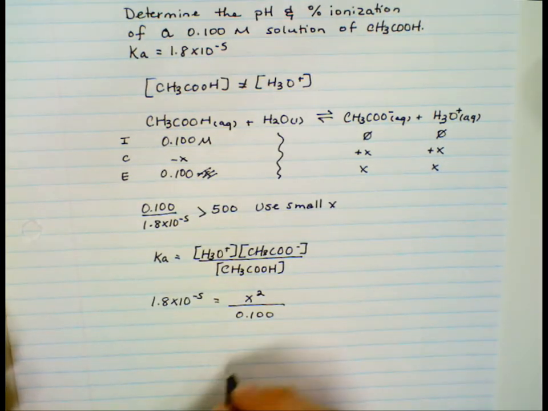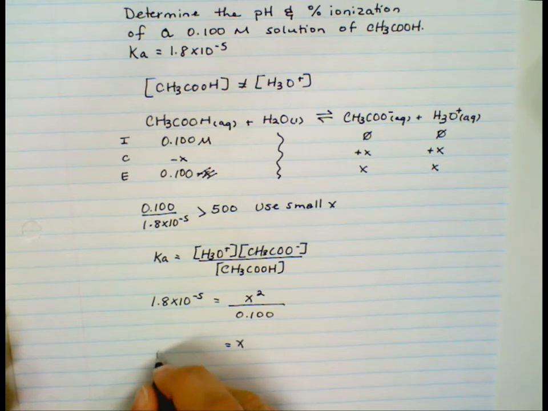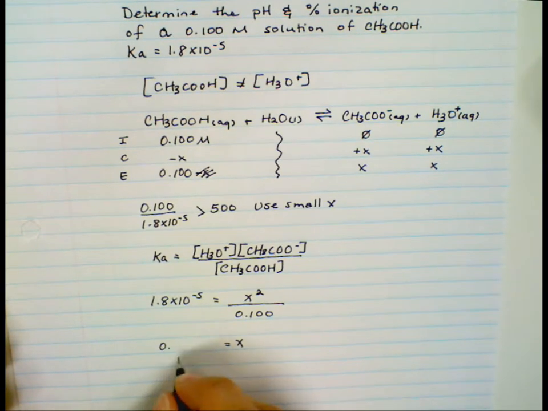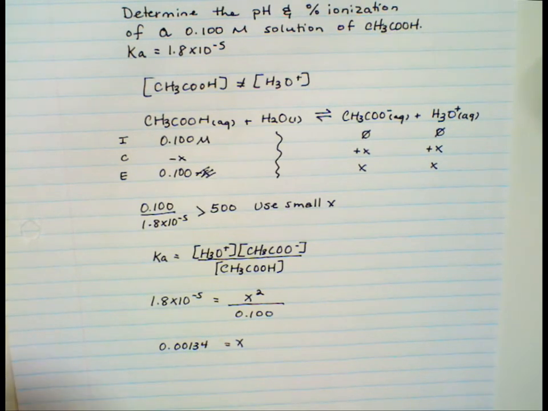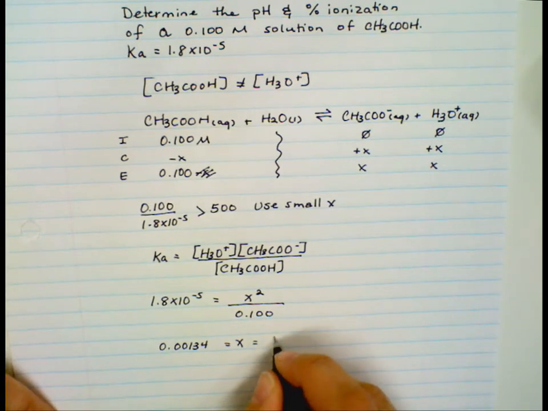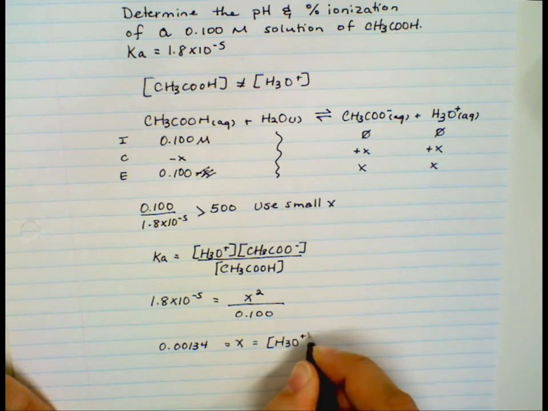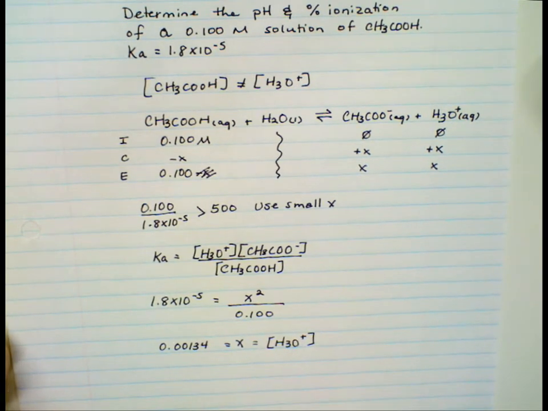And so if I solve for x, I get a value that is 0.00134. I'm pretty sure, just let me double check. Yep. Okay, and so that's going to be equal to my H3O plus concentration, because remember, x is what the hydronium ion concentration is.